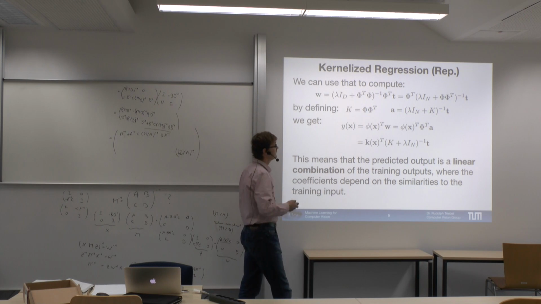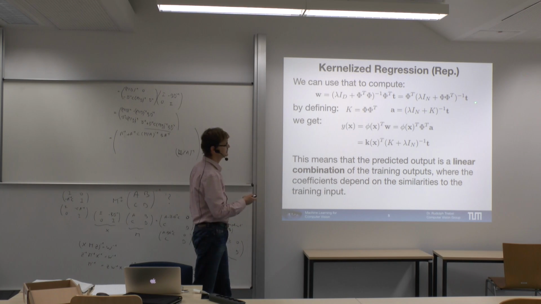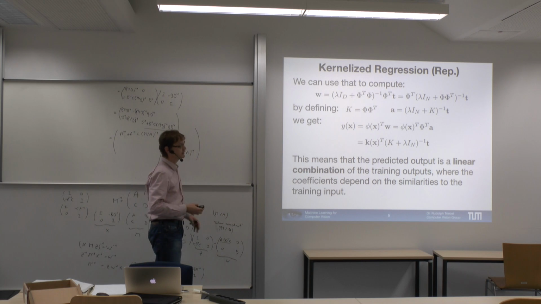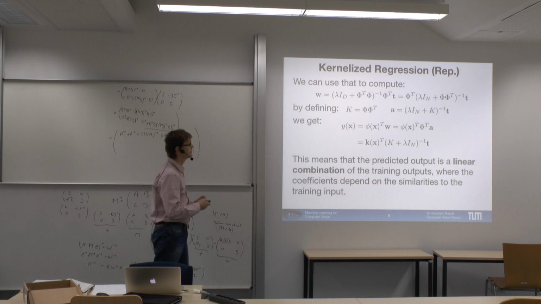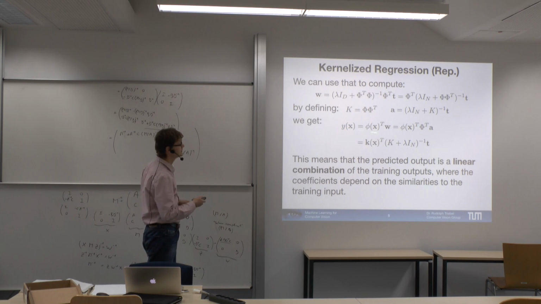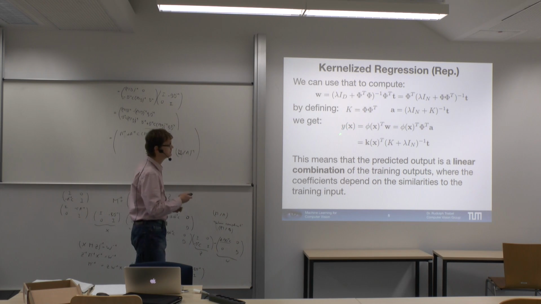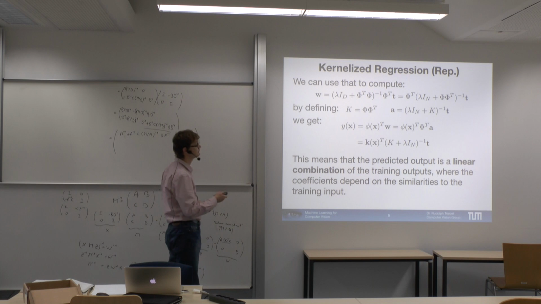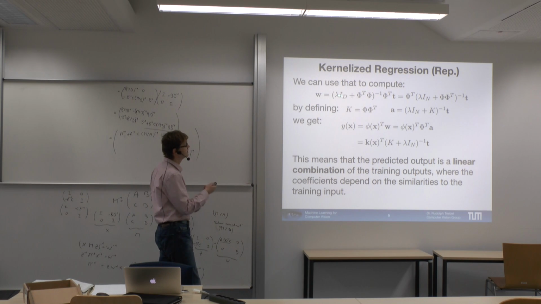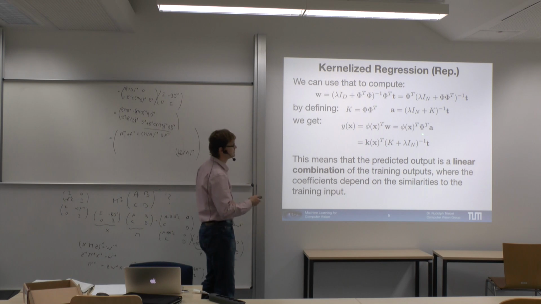We invert that and we multiply with t, where t is our given output data from the training set, right? And then if we plug this in, we can get this as a prediction, right? For a new point x, if you want to do a prediction, we just plug this in here, this a thing in our formulation. We express w by a, and this is then our equation that we get, right?